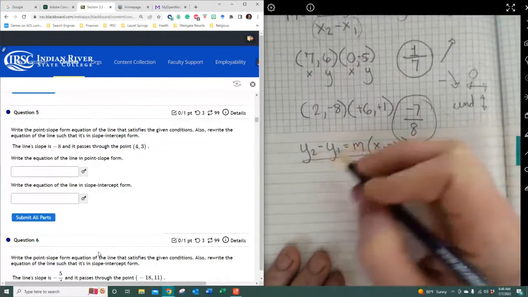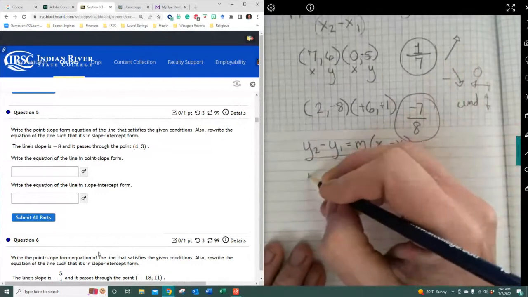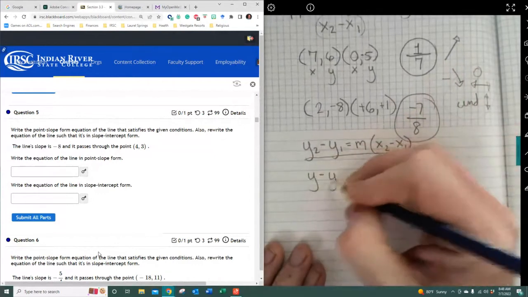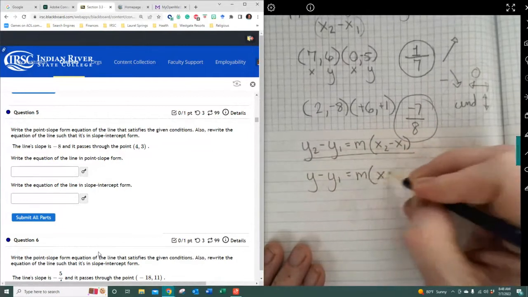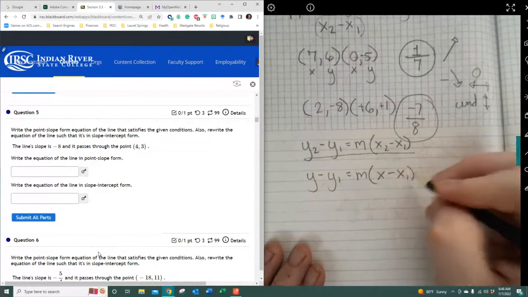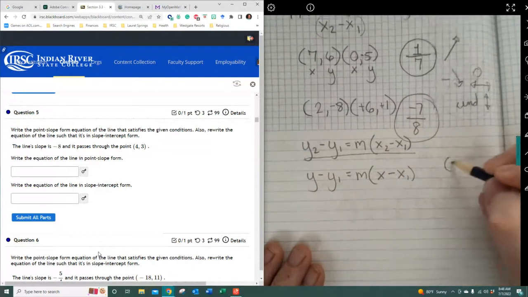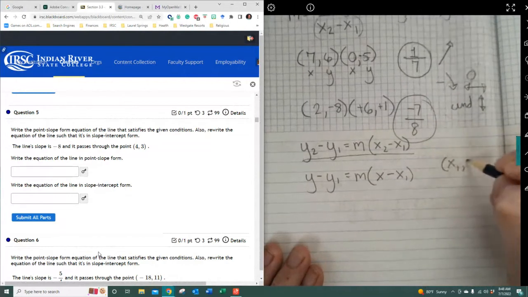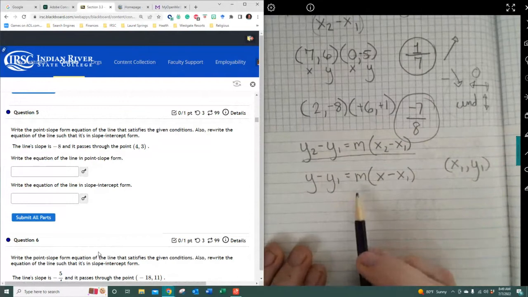All right. Now the way to work this, the formula is a little different, and the reason why is because this is the way the formula looks. When you go ahead and do this, the x sub 1 and y sub 1 are what's replaced here.